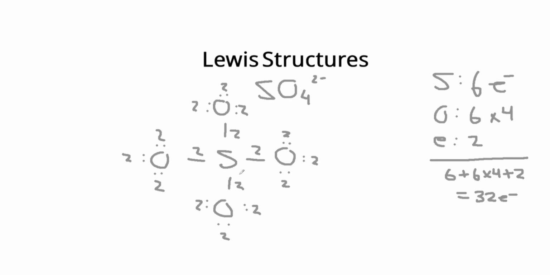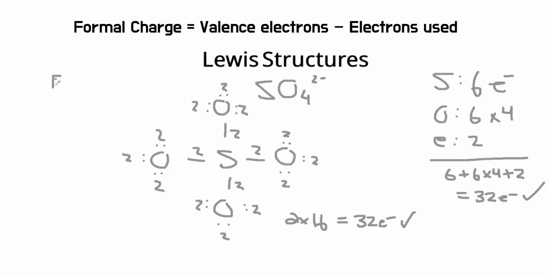If you count every electron, you'll find there are 32 electrons. So the electron count is correct. However, we still need to check the formal charges, with only single bonds.